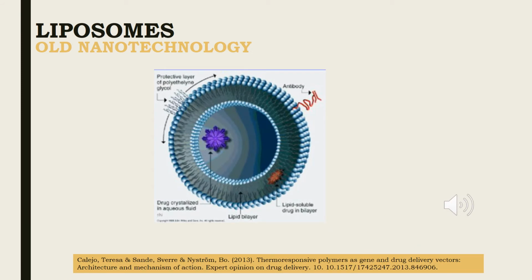Liposomes are nano-sized artificial vesicles of spherical shape that can be produced from natural phospholipids and cholesterol.